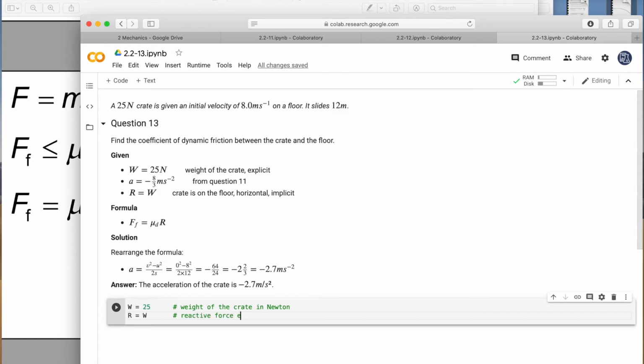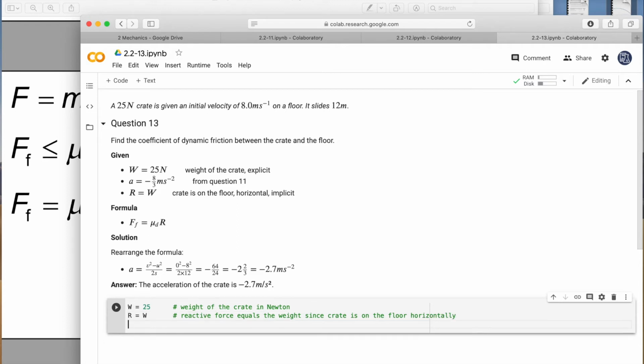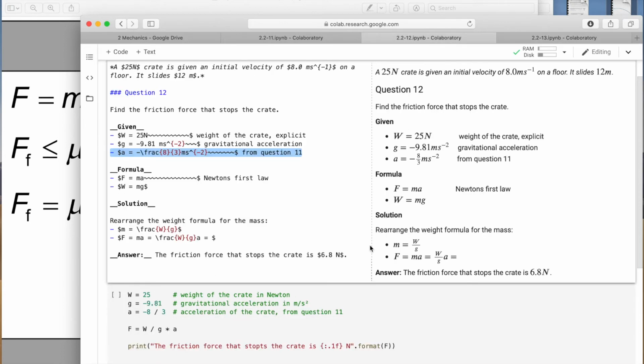Force equals, Newton's third law, equal and opposite, equals the weight, since weight is the force. F_F, and this one is calculated in question 12.